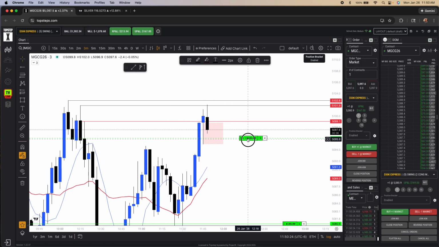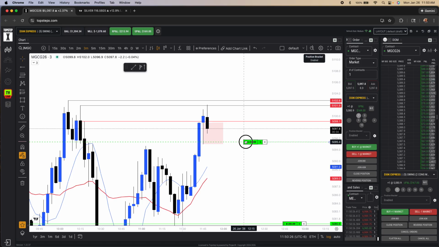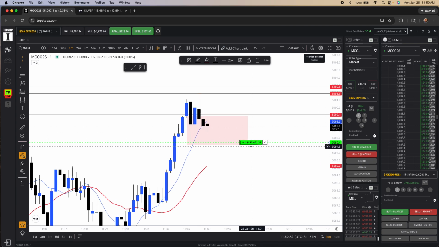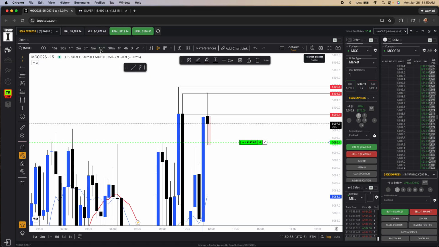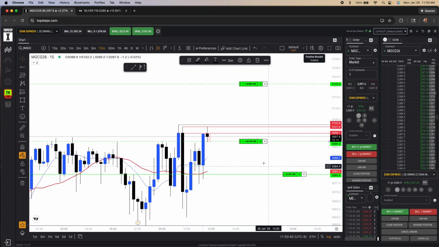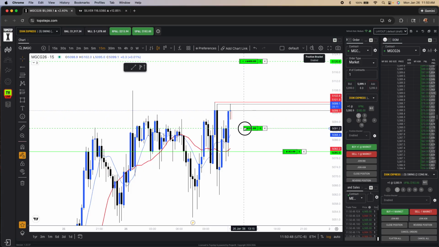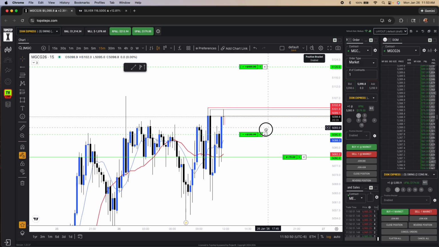So I don't want to give too much back to the market. I'm just kind of examining. I am almost certain we're going to continue higher. So I'm trying to see how much I should risk in order for that to happen.